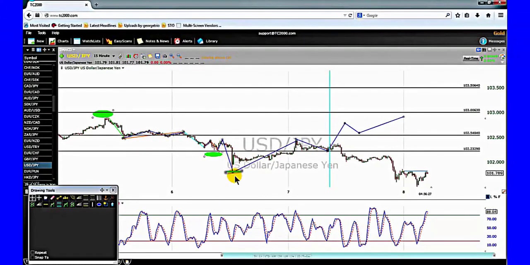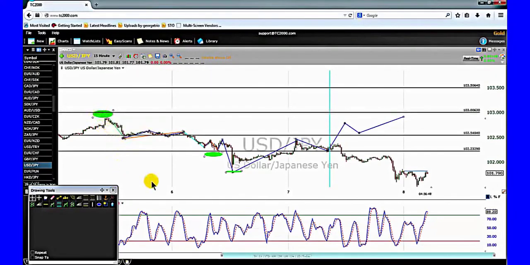So we were expecting a flat correction. The flat correction has started here. We were expecting the flat correction to end somewhere here to correct this move here.